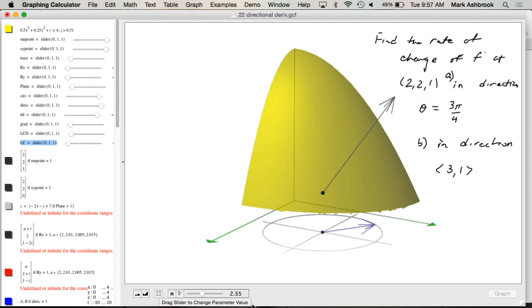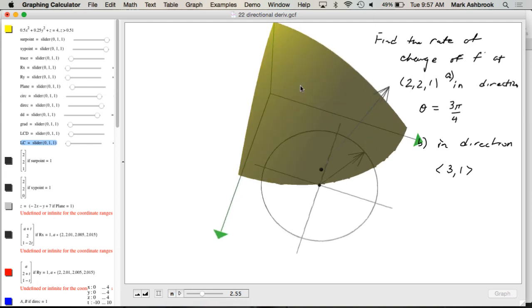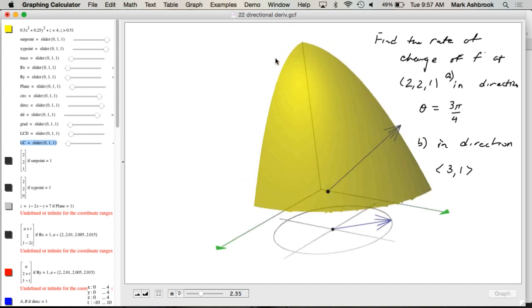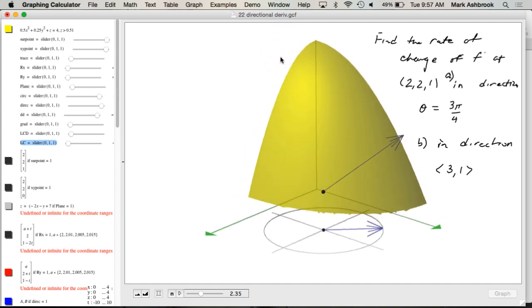Something like that? Is that it? Yeah. Okay. And what are you expecting for your answer there, just as a very general prediction? What do you expect for the directional derivative when theta is 3 pi over 4? You could just say one thing right away. Positive. It's going up, right? If you go in that direction on this curve, you'd be heading uphill. Rate of change, you're expecting it to be positive.